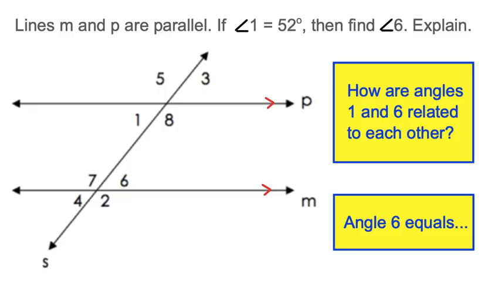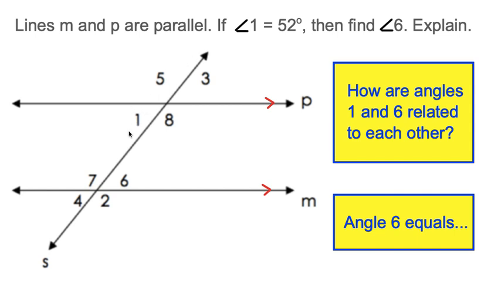Here's a diagram of two parallel lines, M and P, and I have transversal line S. The only thing I know is that angle 1 is 52 degrees, and I need to find out how many degrees angle 6 is.